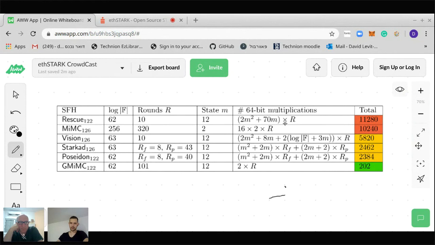But although this is the most inefficient hash function that we considered on a CPU, we managed to prove about 10,000 hashes per second, which means that it is good enough for our purposes.